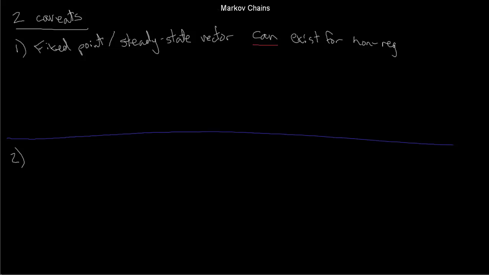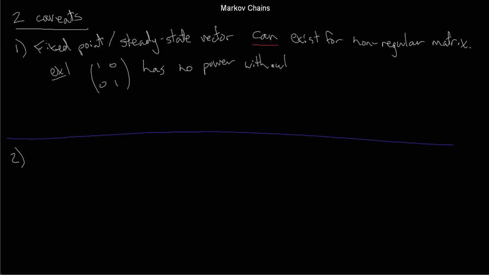If your matrix is not regular, that doesn't mean the 1 eigenspace doesn't exist, or even that it doesn't have a probability vector in it. For example, this matrix, the identity matrix, definitely is not regular. There's no power of this matrix you can take that won't have zeros in it, because all the powers are itself. It won't change. So no power you take of this thing will have all non-zero entries.